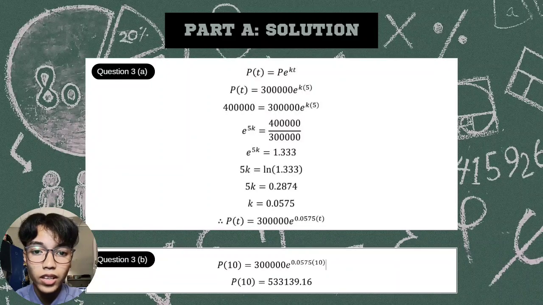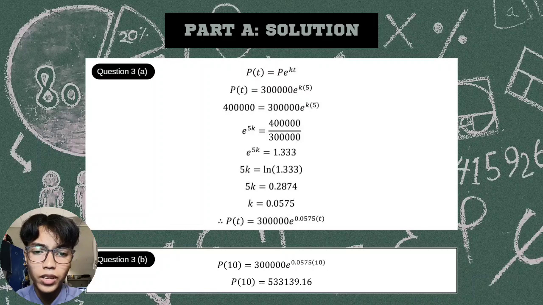Based on the question, 300,000 people is the initial population, 400,000 people is the Pt, and the amount of time is the gap between year 2000 and year 2005, that is 5 years.